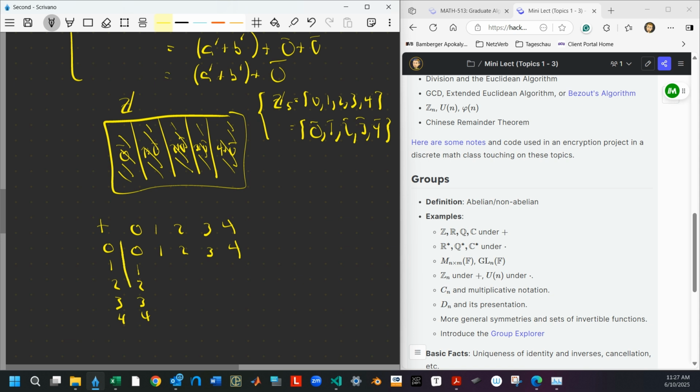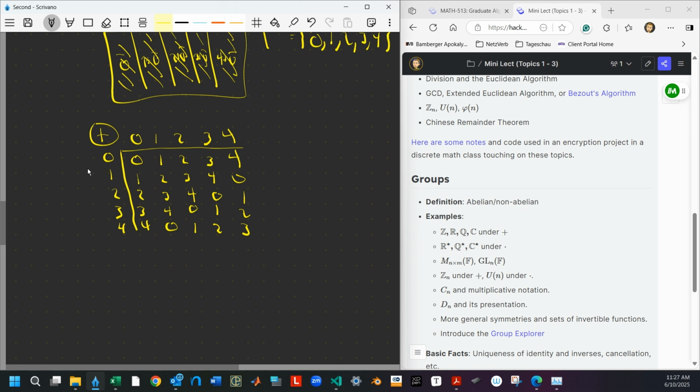So here's our actual table going on in here. Now here I get 2, 3, 4, 0, and actually these just get shifted. 3, 4, 0, 1, 4, 0, 1, 2, 0, 1, 2, 3. So those get shifted. So this is the addition table.